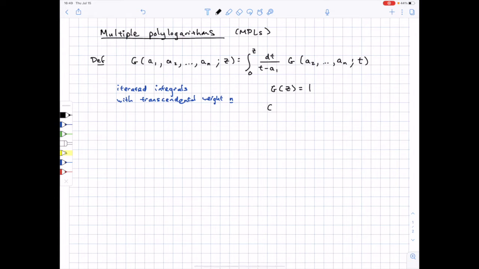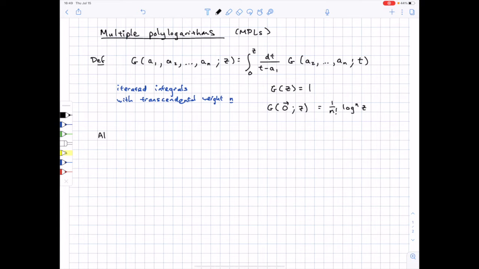And we also define G of any number of zeros followed by z, which would be a completely log divergent integral. And so we just define this to be 1 over n factorial log to the n of z.